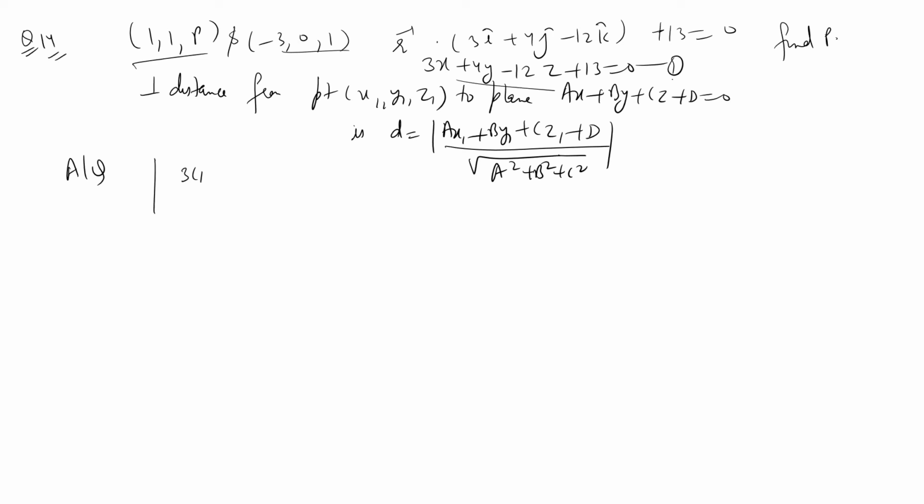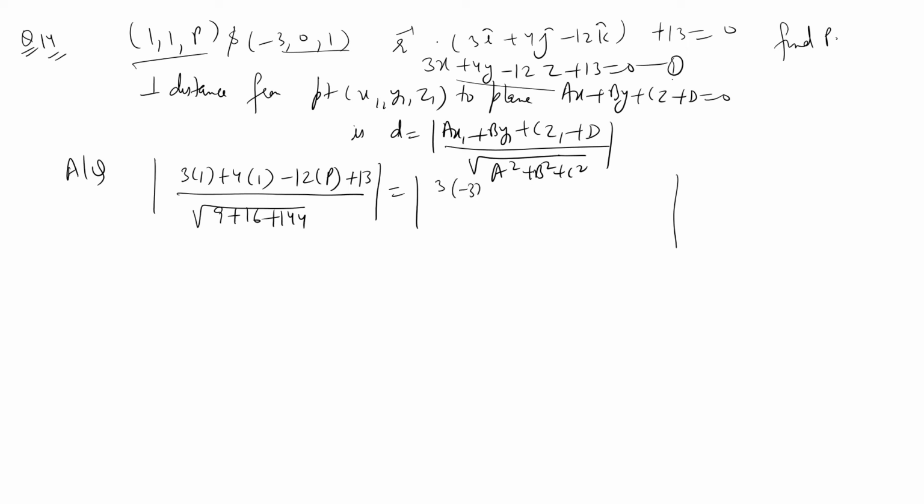So it is 3 into 1 plus 4 into 1 minus 12 into p plus 13 upon under root of 9 plus 16 plus 144, is equal to 3 into minus 3 plus 0 into 4 plus 1 into minus 12 plus 13 upon under root 9 plus 16 plus 144.